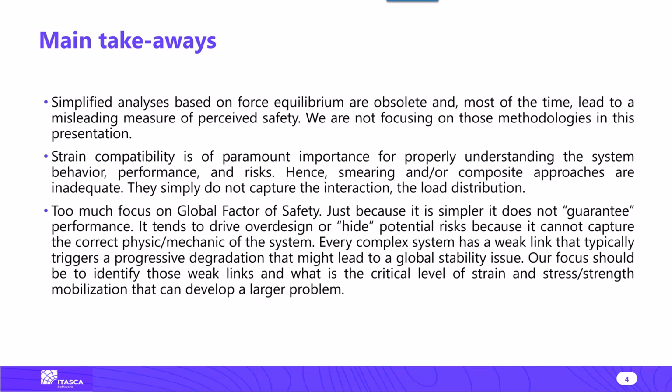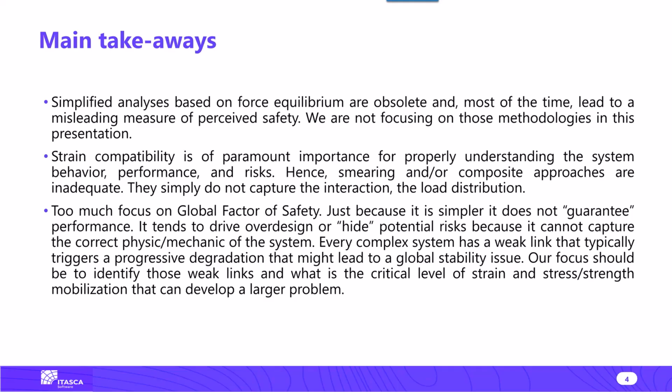In terms of general approach, in my view, there is too much focus on analyzing just one metric, which is the global factor of safety. Everybody's asking, what is the global mechanism?